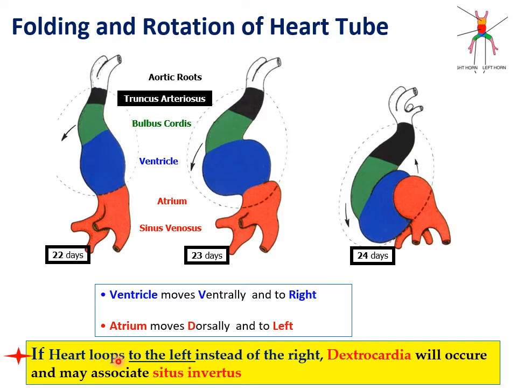If the heart loops, I mean rotates, to the left instead of to the right, there will be something called dextrocardia, and the heart of this fetus will be on the right side, in the right hemithorax, and we call this dextrocardia.